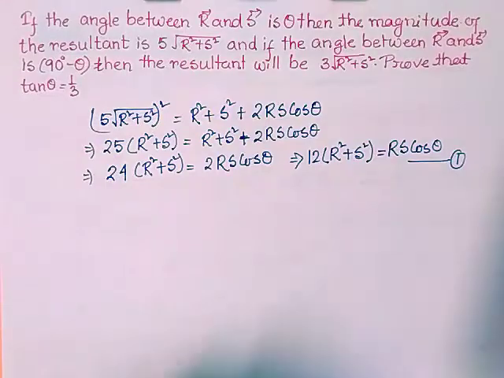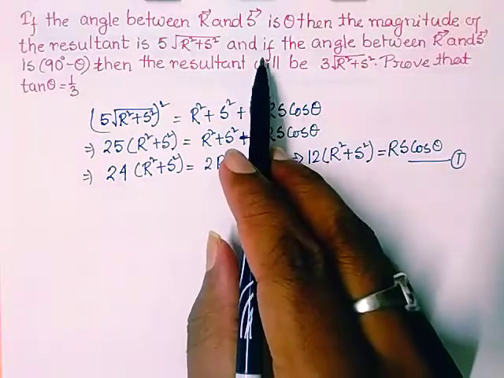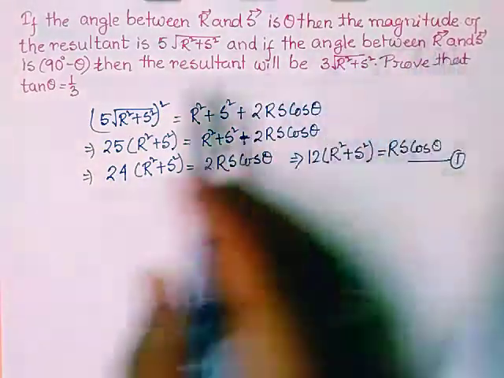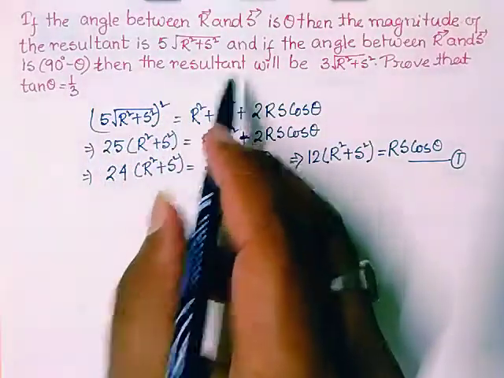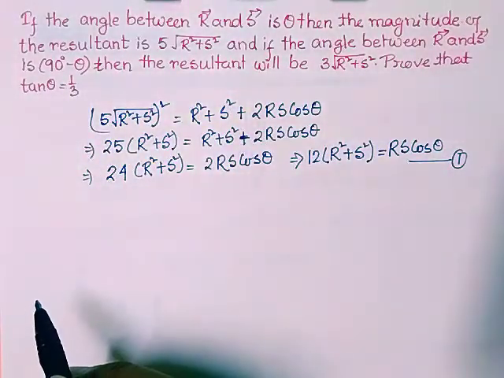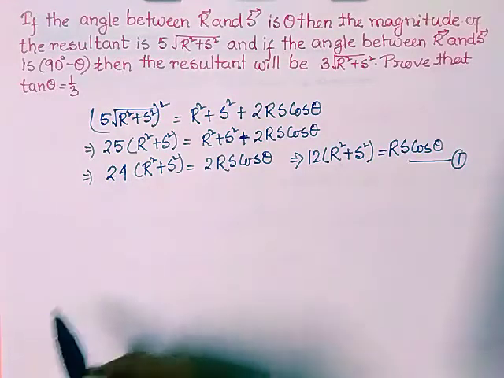Equation 1. Next information is, if the angle between R and S is 90 degree minus theta, then the resultant is 3 root over of R square plus S square.